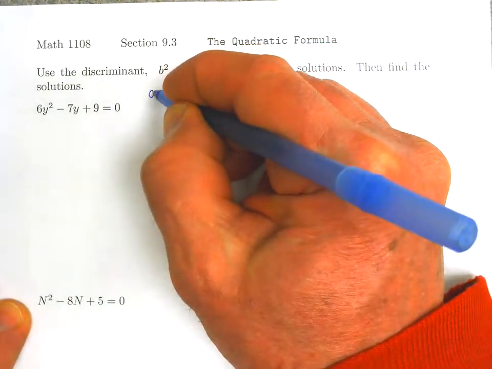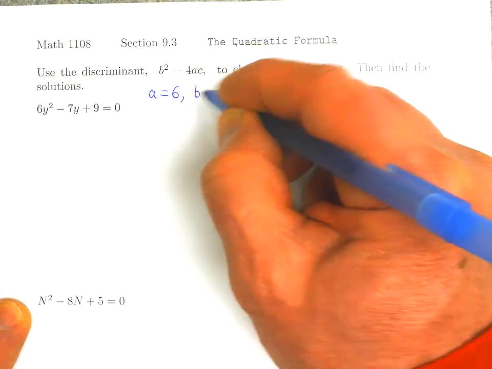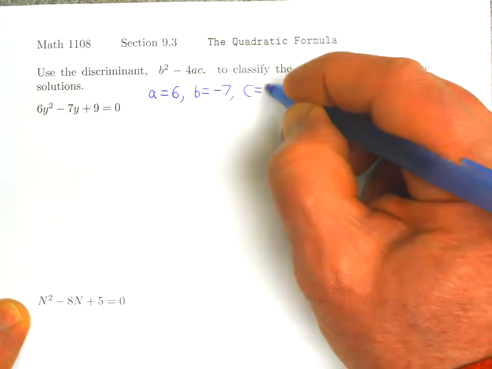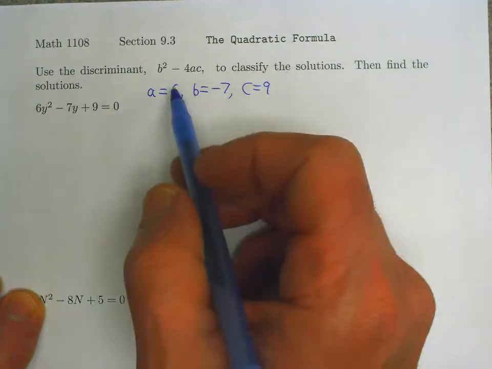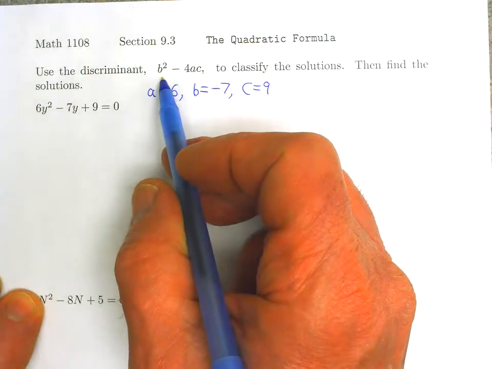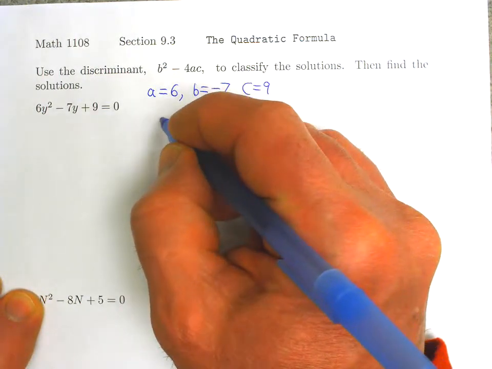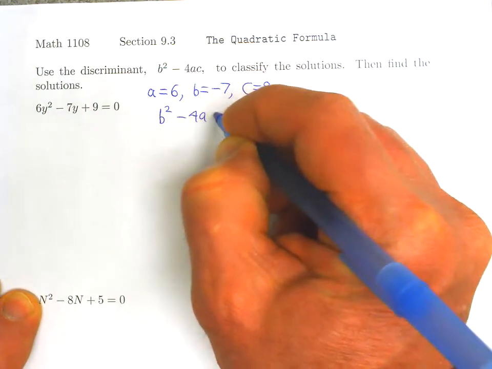So the value of a is 6, the value of b is -7, and the value of c is +9. So we want to find the discriminant, b to the second minus 4ac. Okay, so I'll write that, b to the second minus 4ac.